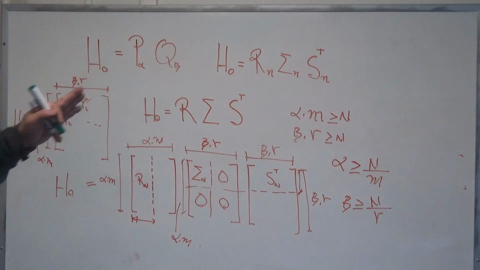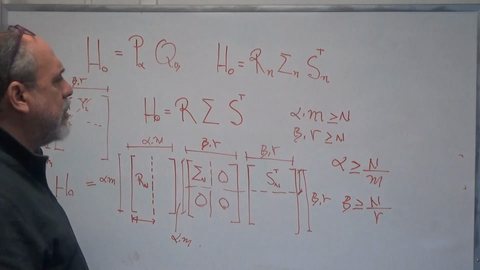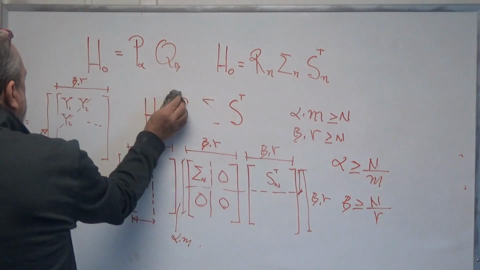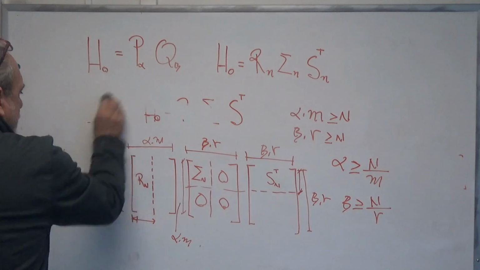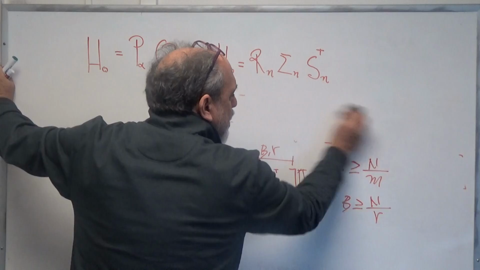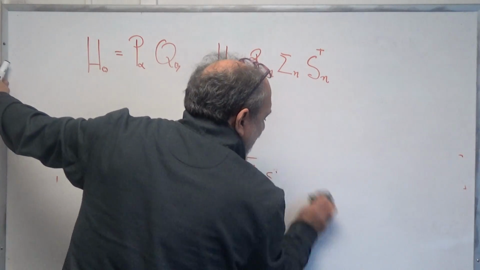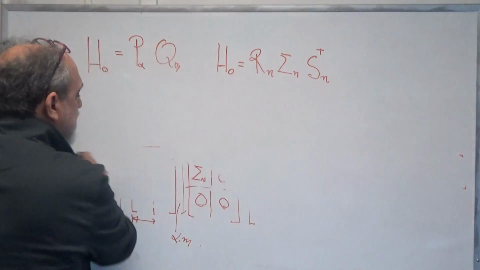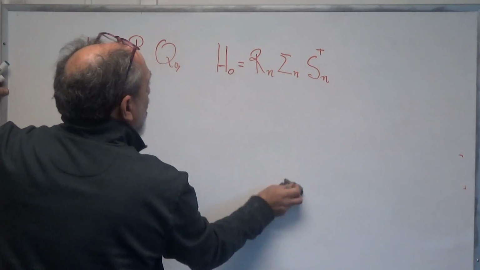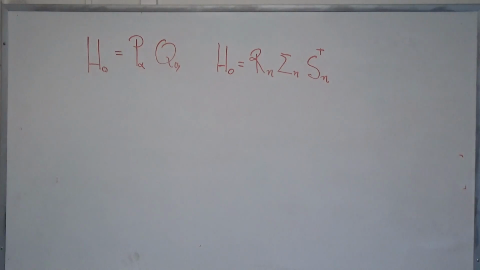And then we have at this point that the singular value decomposition of the Hankel matrix at 0 looks like this. We've made some progress in that we know now what is the order of the linear system that we are trying to identify. It is equal to the rank of the matrix H0.